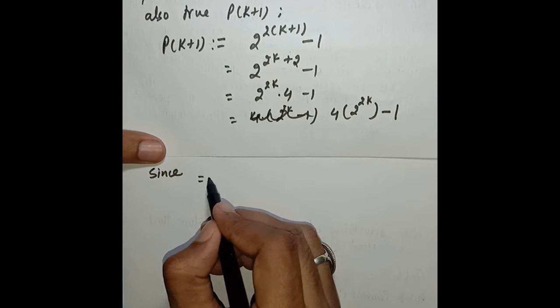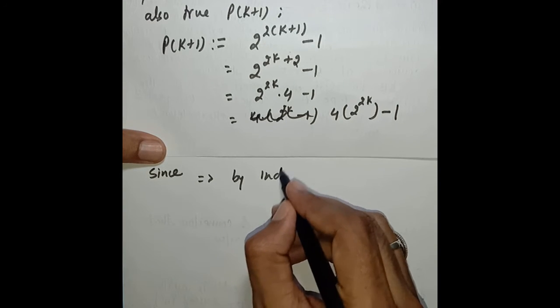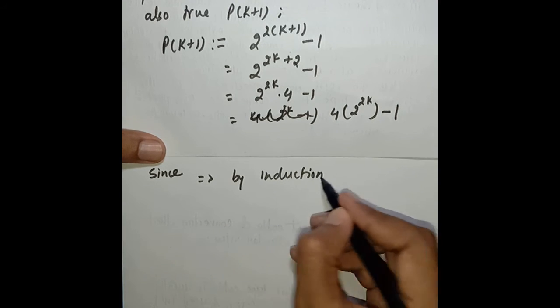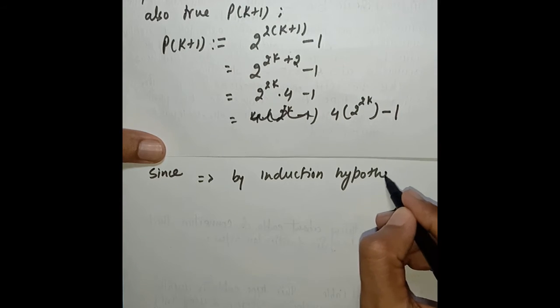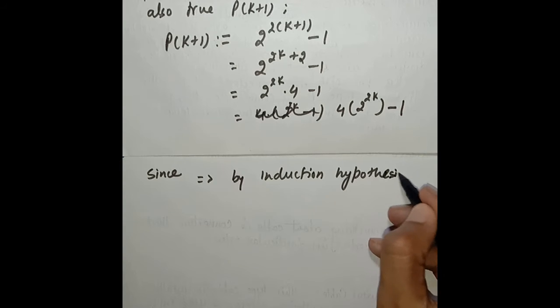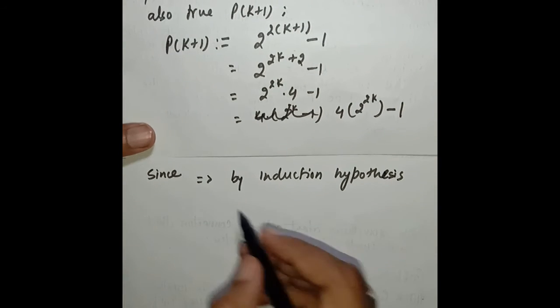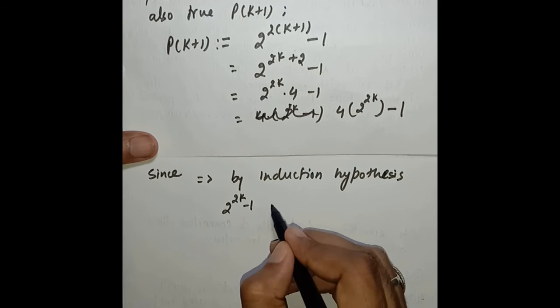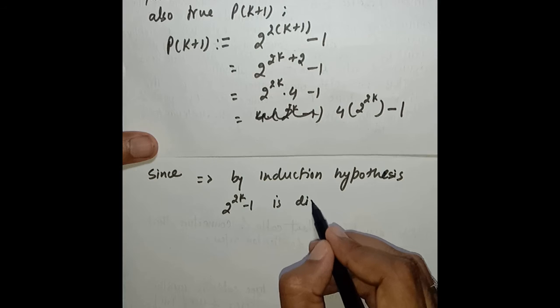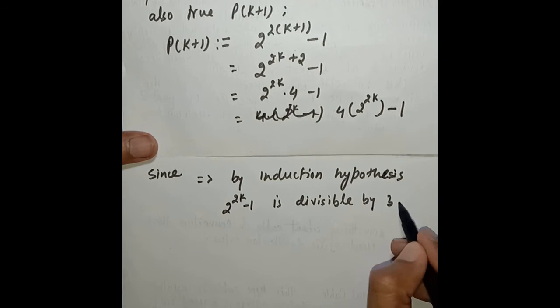This implies, by the induction hypothesis, 2 to the power 2k minus 1 is divisible by 3.